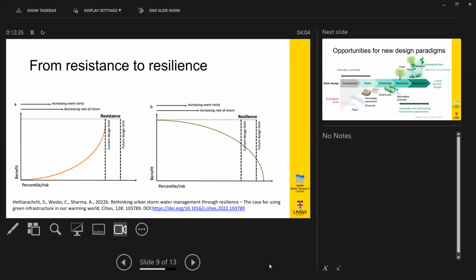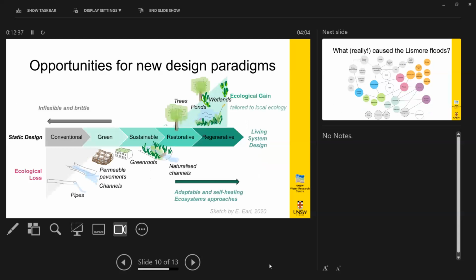Another way that I'd like to argue that we should do this is through the use of nature-based solutions, where we're essentially thinking that we're not just going to have pipes and drainage systems, but trying to use the strengths of the catchment to achieve a whole range of different outcomes, flood protection being one of them.